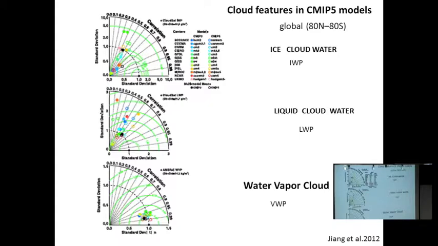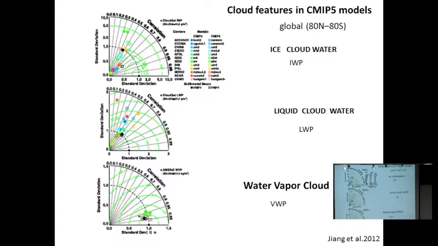Here is the standard deviation. We can see here the standard deviation is 1 for the model and 1 for the observation. And these green lines are related to the error, the root mean square error.